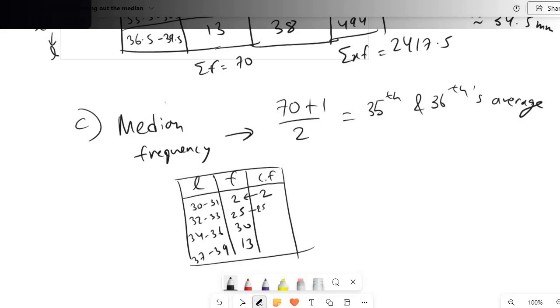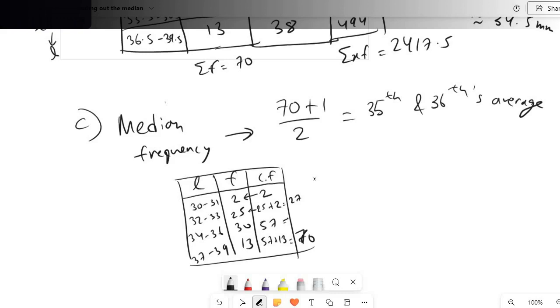For the next one, this is going to be 25 plus 2, which is 27. The next one is going to be 27 plus 30, which is 57. And for the final one, this is going to be 57 plus 13, which gives us 70. And if you notice, it is the same value as the summation of f.